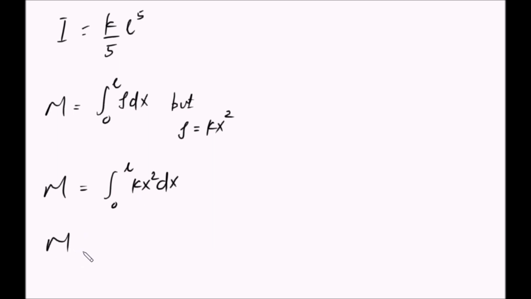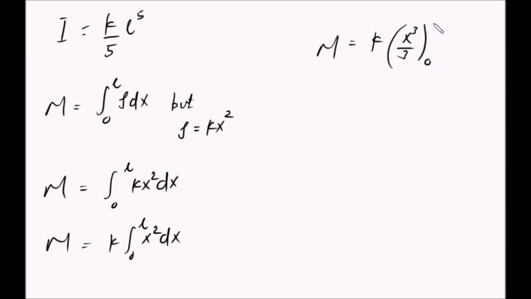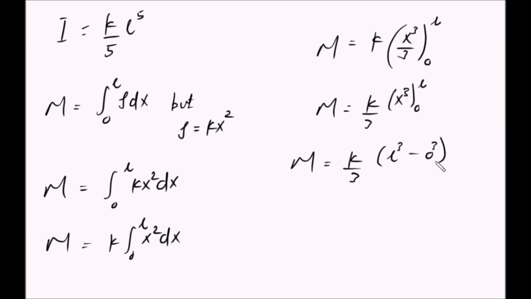So toa k nje is constant, tunabaki na k integrate from 0 to L. So when you integrate x squared, you get x power 3 over 3 from 0 to L. Now it's going to be k over 3. So x cubed from 0 to L. Kwa hiyo mass itakuwa sasa na k over 3. So we're going to have L cube minus 0 cube. Kwa hiyo mass now itakuwa sasa na k over 3 L cube.